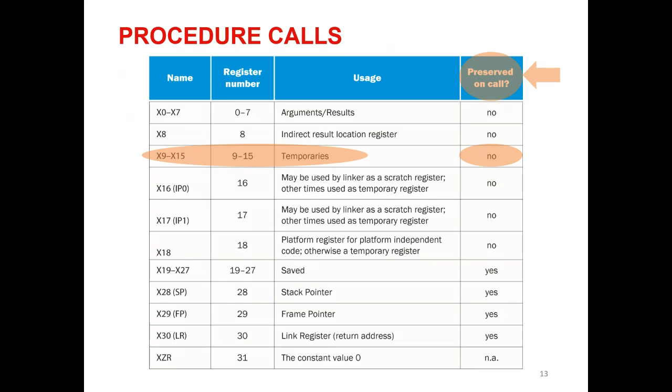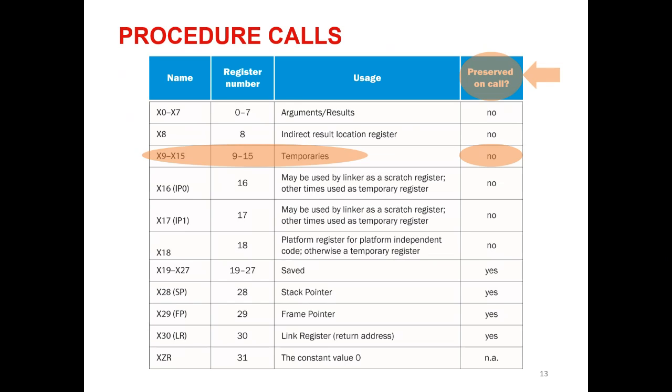When that happens, for instance, when I use temporary registers, the value is going to be lost. That means that if before calling a procedure I have a value in a register, let's say register 9, that value could be lost. So I cannot rely on the value in register 9 once the procedure has finished.